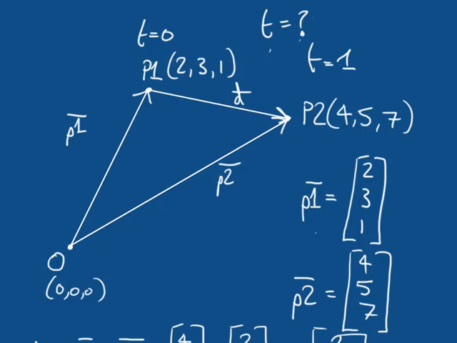Because we know we start with a value of t equals 0, and as we increase t, we're going to end with a value of t equals 1. Therefore, if the point of intersection is represented by a parameter value between 0 and 1, we know we have intersected on this line segment. However, if our parameter value is less than 0, i.e. a negative value, we know once we'd reached P1, we're travelling in the opposite direction of our vector d.